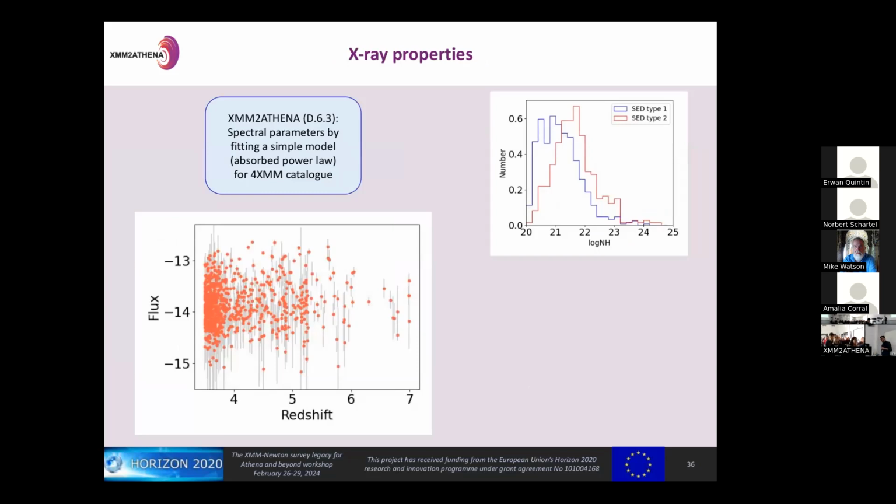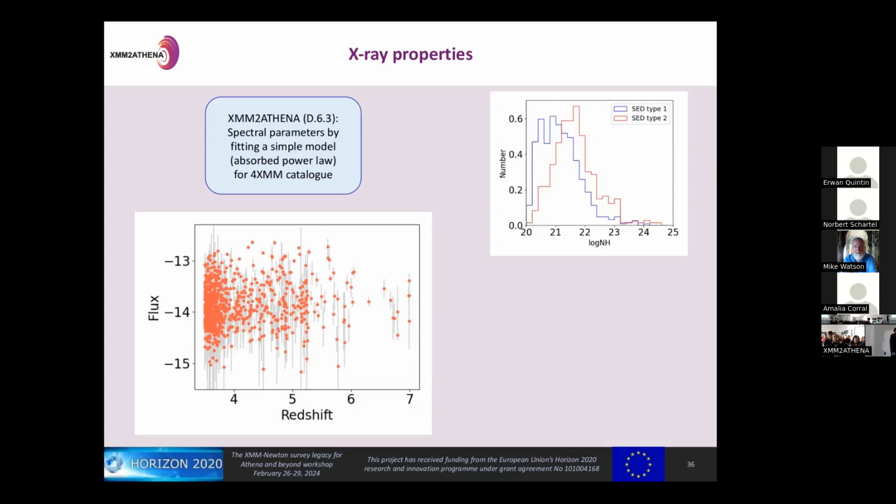And here are some X-ray properties. Here we want to do more, but here is just the distribution of the high redshift sources in the flux and redshift plane. We actually use the XMM to Athena catalog with spectral fits, but these sources did not include any redshift information, though at least it gives us a hint of the X-ray properties, the obscuration in X-rays.